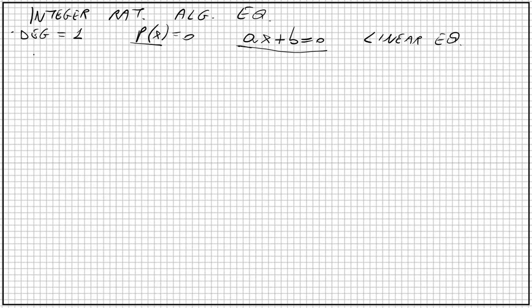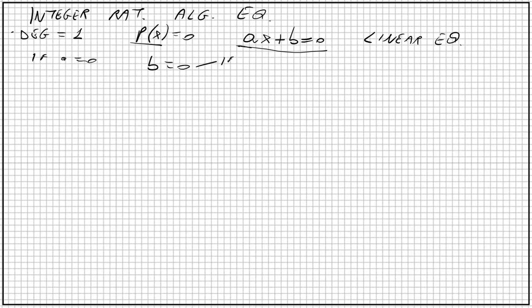So if a is 0, what happens? 0 times x is 0, so this goes away essentially, and I'm left with b equal to 0. So this one could have two possible ramifications.